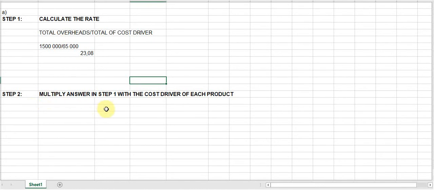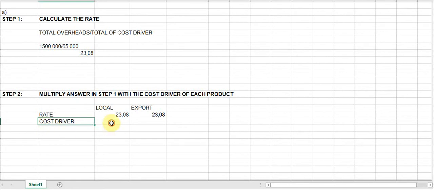In step 2, we have 2 products. I'm going to call them local and export because there is a local rope and a rope for exportation. Then I'm going to take the rate, which we just calculated, 23 Rand and 8 cents, and multiply it by the cost driver as selected for the traditional method for each of these products.